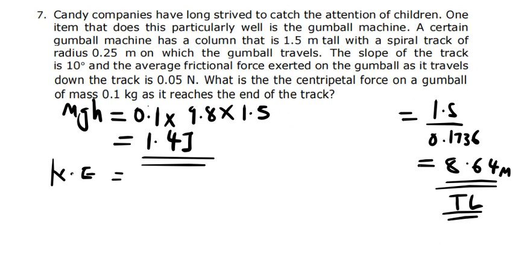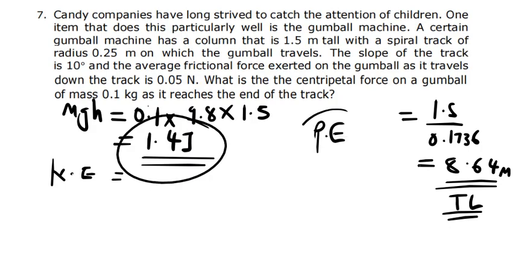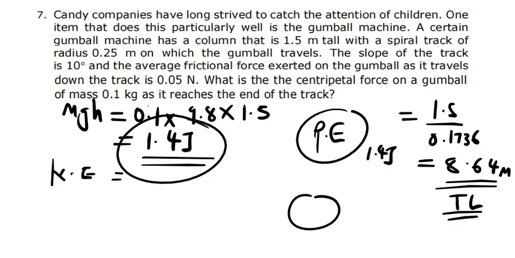Okay, so for me to find the total energy, I also have to find the friction, because there's some friction that was lost as it was moving. So if initially the potential energy that it had was 1.47 joules, when it reaches down here, all the potential energy is going to be converted to kinetic energy, which should be 1.4, and this is the answer that we're supposed to write.